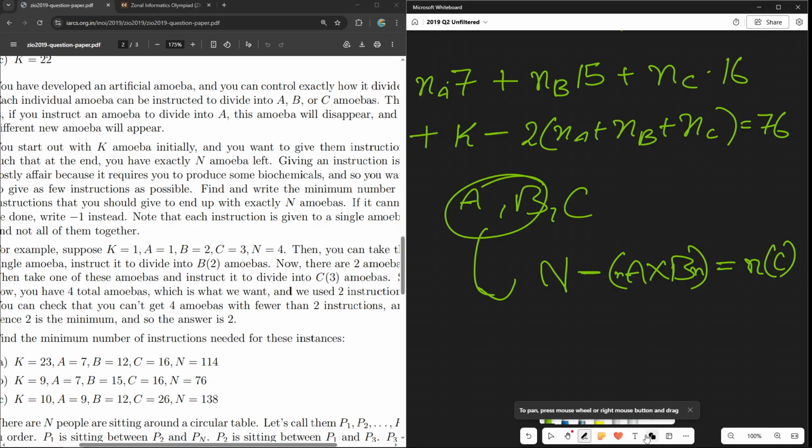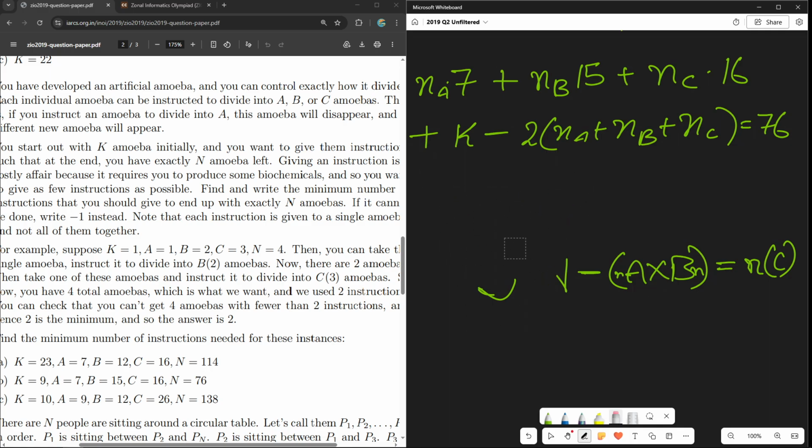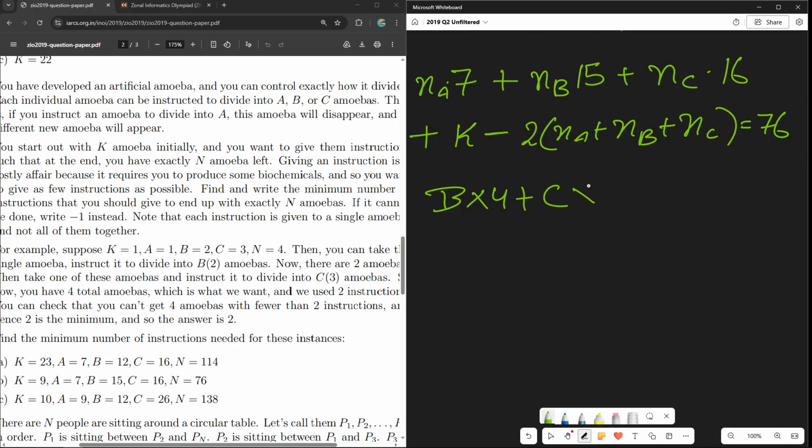So we have to think of a multiplication which is less than 76, but also we are getting 76, right? So obviously b into 4 plus c into 1 is equal to 76, but that's not possible because we have to get a number less than this such that it is a multiple of 7, right?